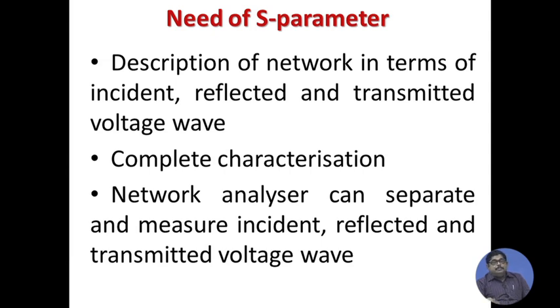Also, we can relate mathematically this S parameter with the existing Z, Y, H, ABCD etc. parameters. So, we can interchange and ultimately we can characterize a microwave network in terms of Z parameters also, ABCD parameters also, etc. Then what is the need of S parameter?